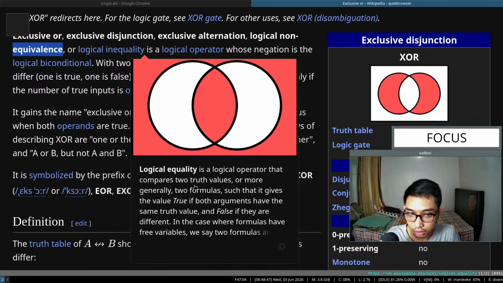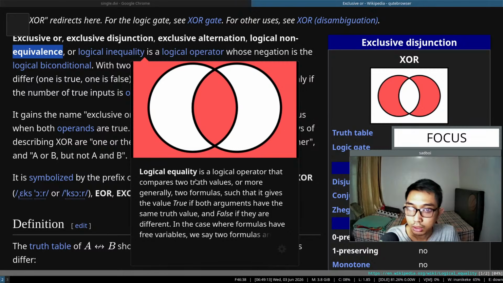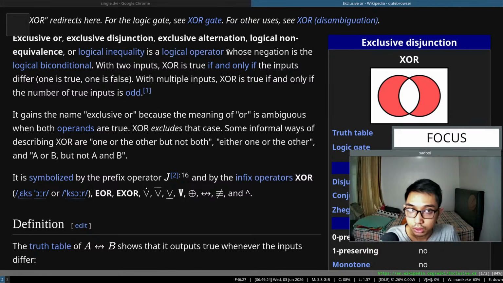Logical inequality is a logical operator that compares two truth values, or more generally two formulas, such that it gives the value true if both arguments have the same truth value, and false if they are different. Oh, this is the logical equality, and this is the logical inequality. Okay, whose negation is the logical biconditional.